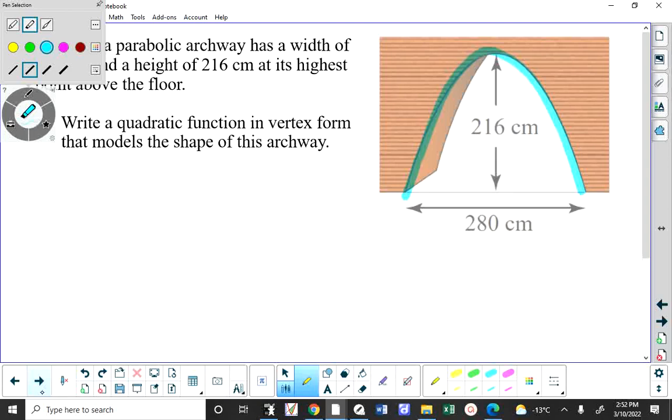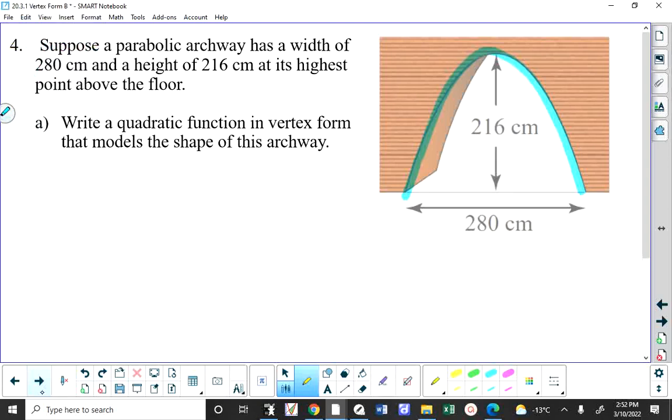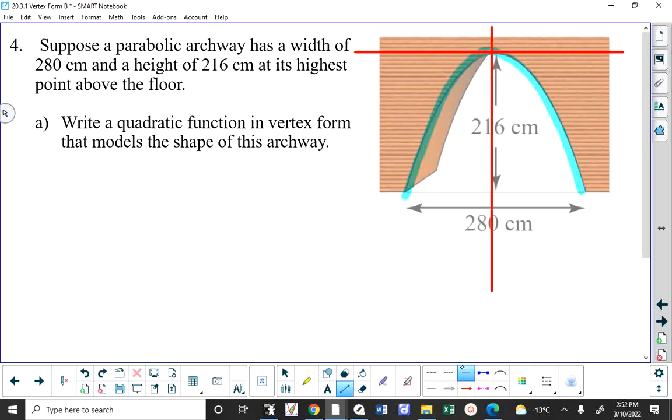Now, here's the interesting thing. We have 26 people in the room, 27 including myself. We could come up with 27 correct answers. Because I might decide, and don't write anything yet, that I'm going to put the axes here.